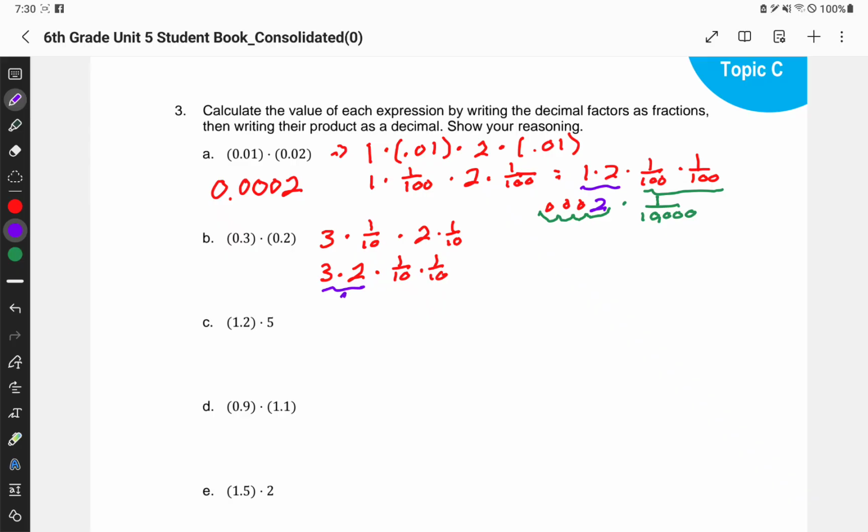Three times 2 is 6. 1 over 10 times 1 over 10 is 1 over 100. And so I move the decimal place 2 spots. Fill in the 0. And so my answer is 0.06.